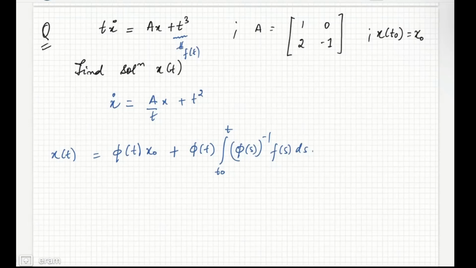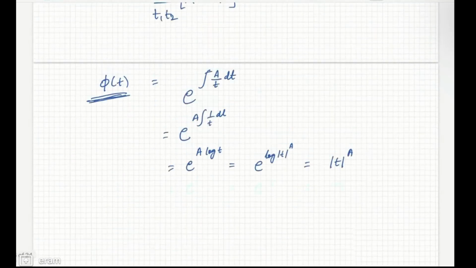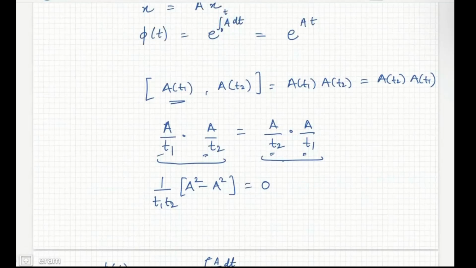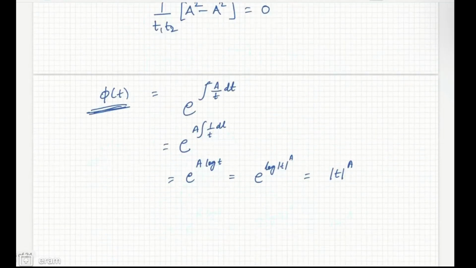So we have actually transformed it, so our fs is this t square. So this is how we write the generalized solution for any non-homogeneous system. And for this type of problem, phi t we have already calculated in this previous question. So phi t for this one is t to the power a.